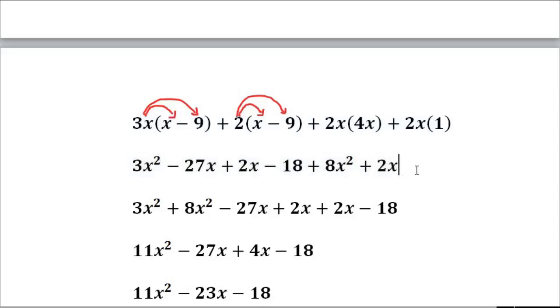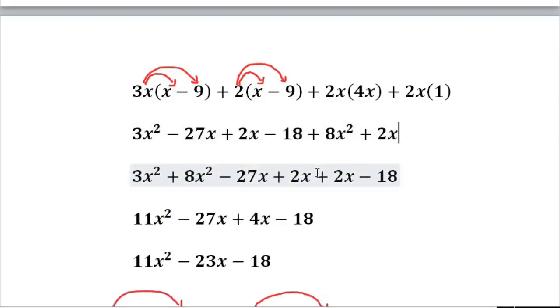Now to find like terms in this expression, I'm going to arrange the expression by putting all of the like terms right next to each other. We have 3x squared, 8x squared, negative 27x, 2x, 2x, negative 18, which is a constant term.